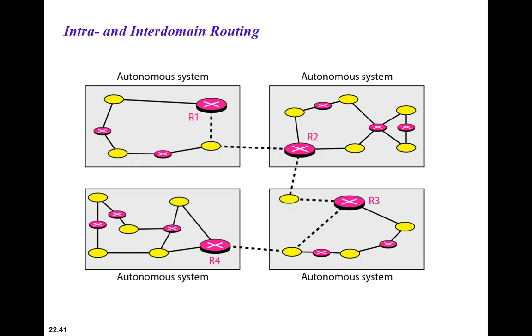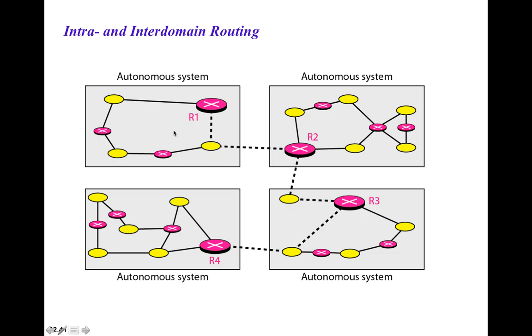An autonomous system will be independent. It can run independently in itself. And you have in here different routers and different technologies. Each system could use its own routing protocol. So here you could have RIP, here you could have OSPF.